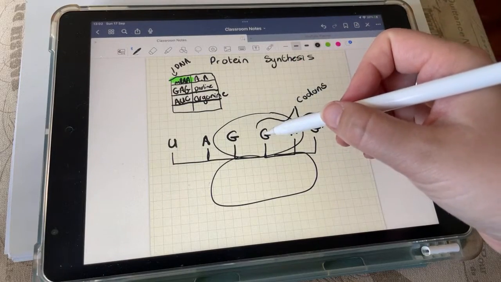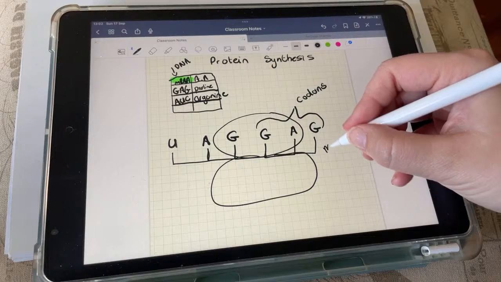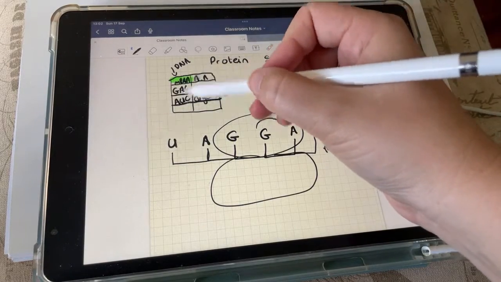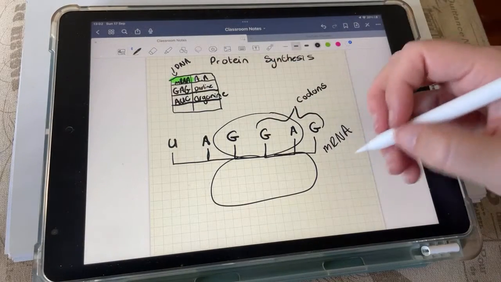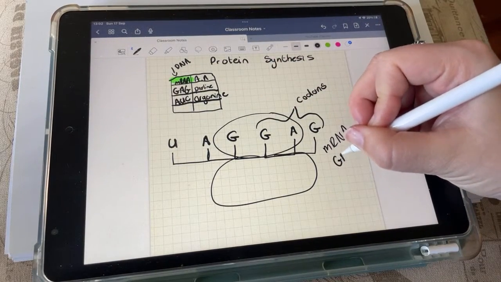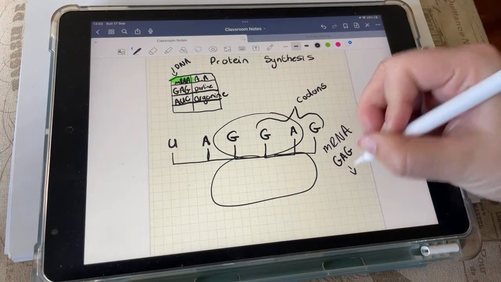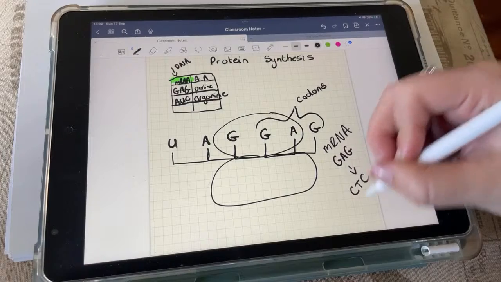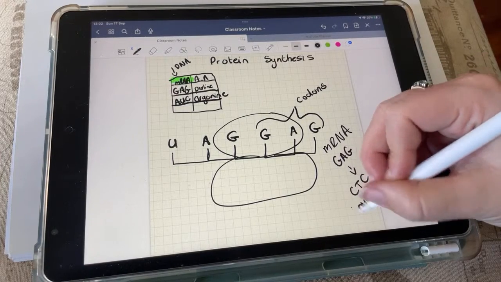So right now, GAG is a mRNA codon. It's not DNA. If this was DNA, you would have to work it backwards. In other words, if it's GAG, then the DNA code was CTC, if that was the DNA, right?